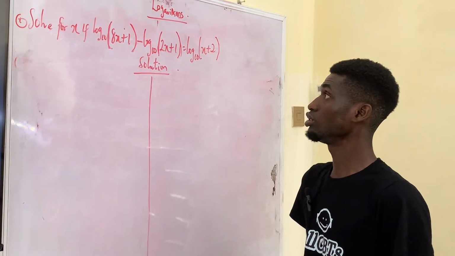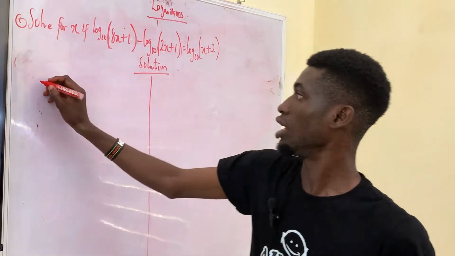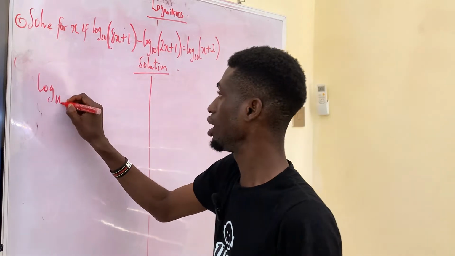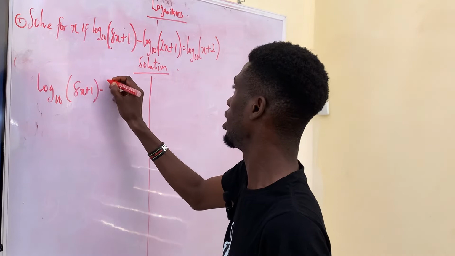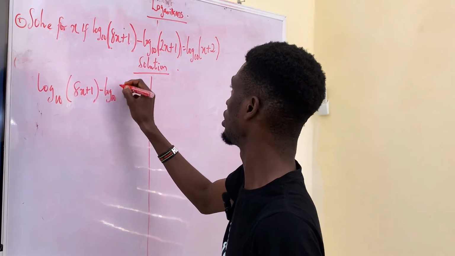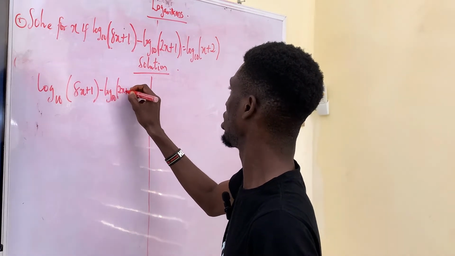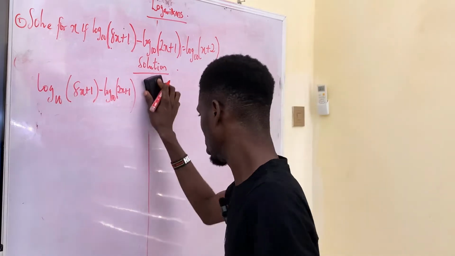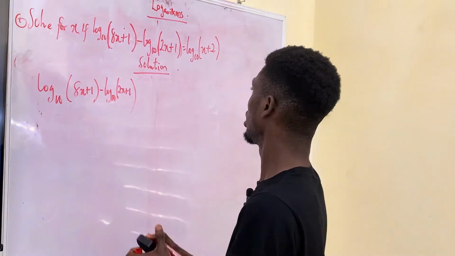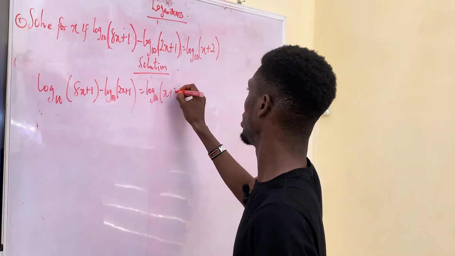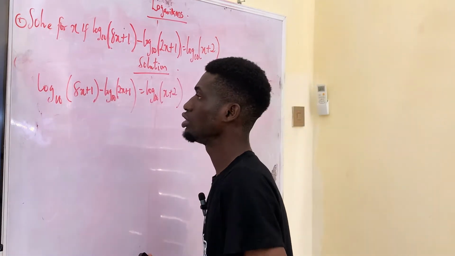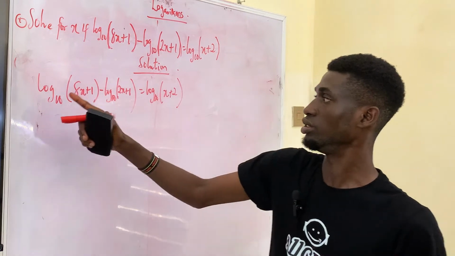Now, solution to this. Now you have log 10 of (8x plus 1) minus log 10 of (2x plus 1) equals log 10 of (x plus 2). The first thing you have to take notice of is the base.